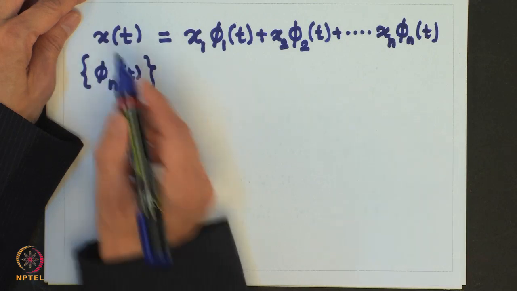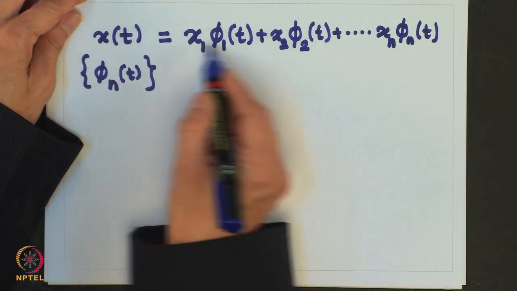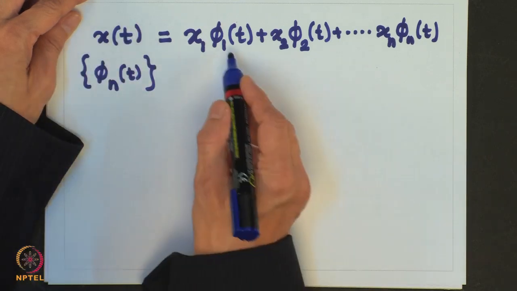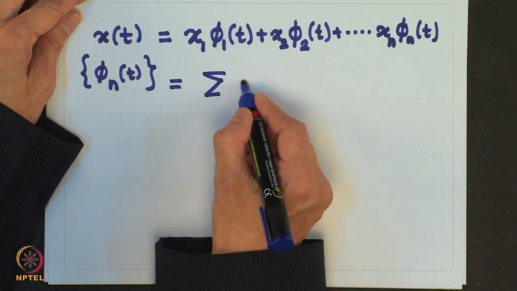So, this is your time domain signal, and these are some coefficients x1, x2, xn corresponding to this x(t).